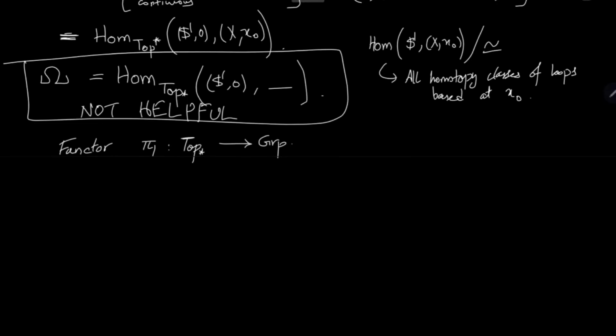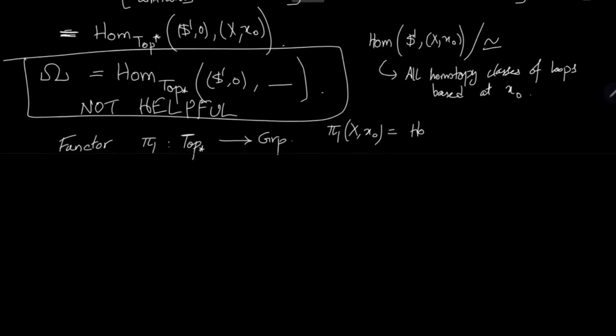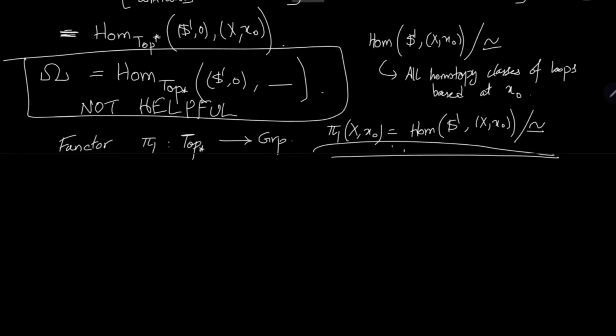Okay? And pi1 of x comma x naught is Hom from S1 to x comma x naught quotiented by path homotopy. Take some time to digest that, I guess.